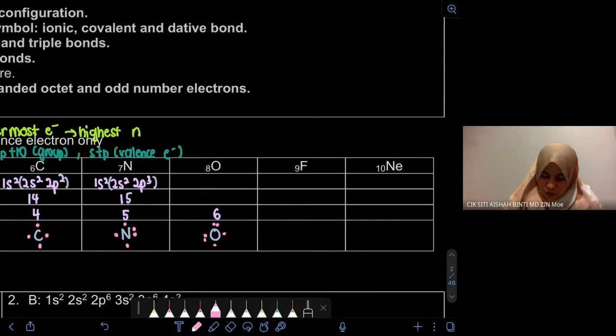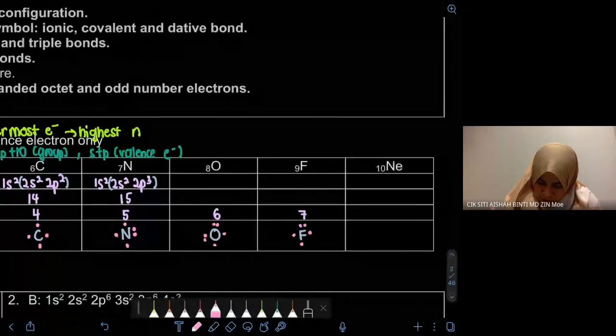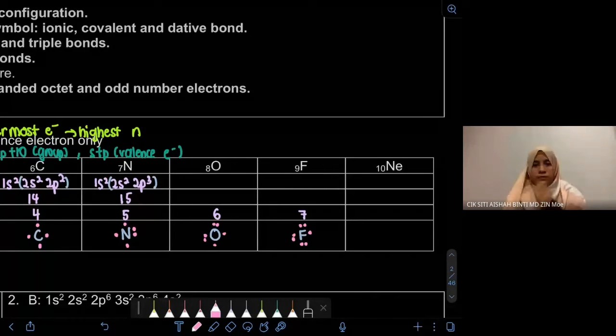Okay. Fluorine, its valence electron is 7 because it is in group 17, our halogen. So its symbol is F, and then it has dots: 1, 2, 3, 4, 5, 6, 7. Okay, so that's our fluorine. Last but not least is our neon.